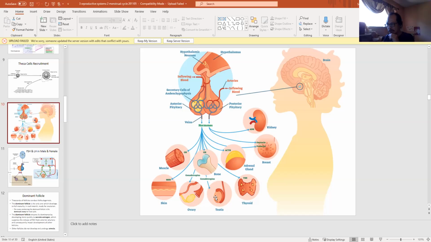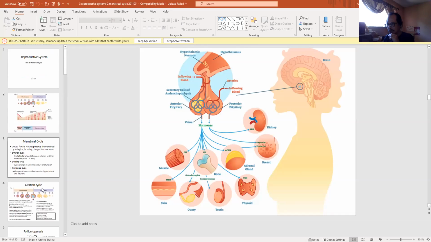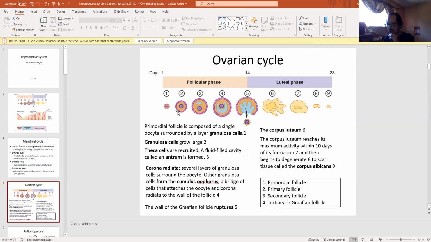We learned about that in the testes already. Now we are going to look at it acting on the ovary. When it acts on the ovary, it will induce the growing of these follicles. So this is part of this folliculogenesis, which overlaps with what we have learned earlier.